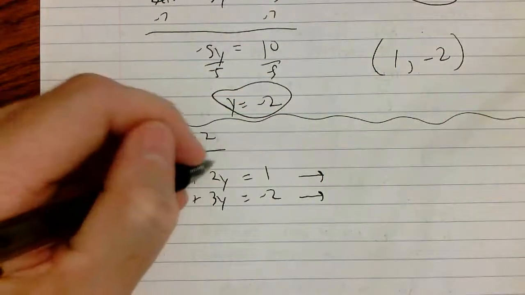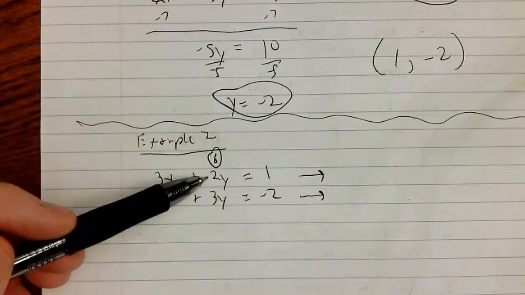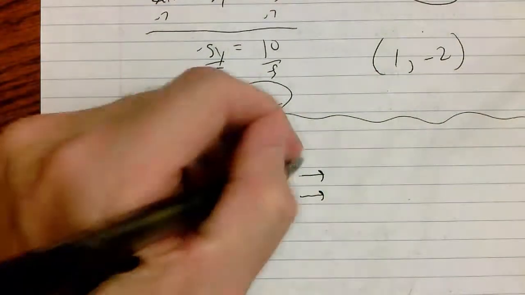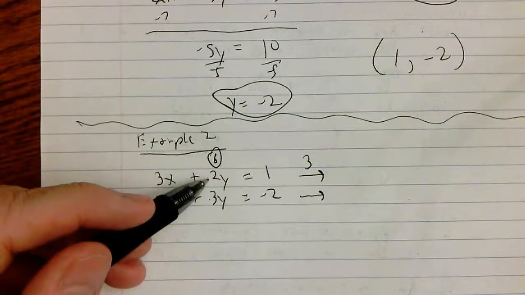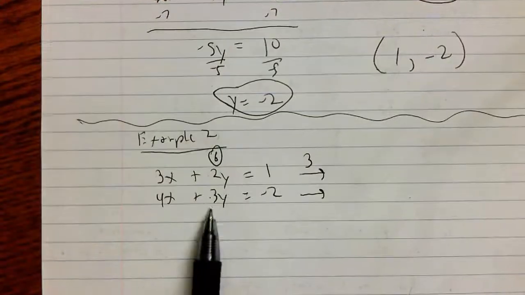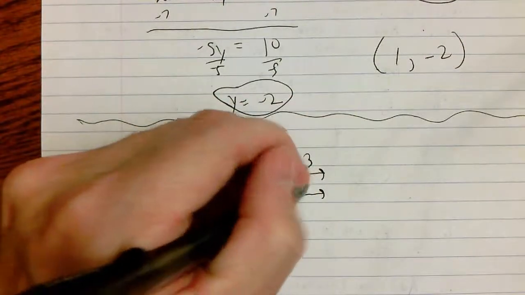So I'm going to make both these guys into 6's. The top one would need to be multiplied by 3. This top one is going to be a positive 6, so I want the bottom one to be a negative 6. So I'm going to multiply down here by negative 2.